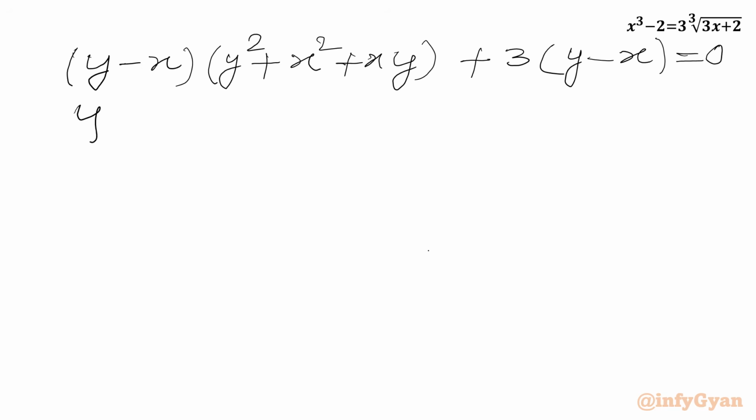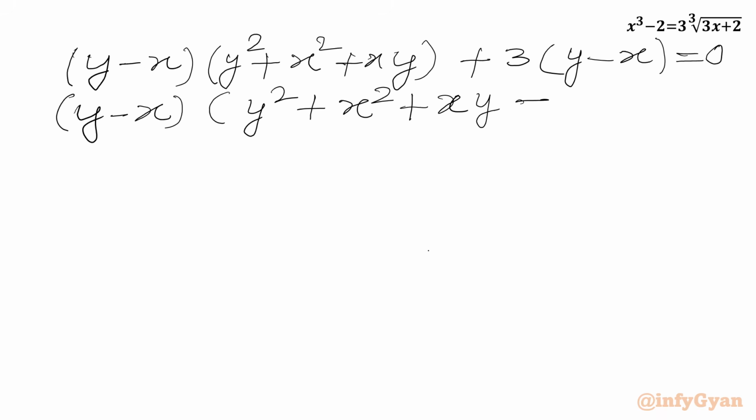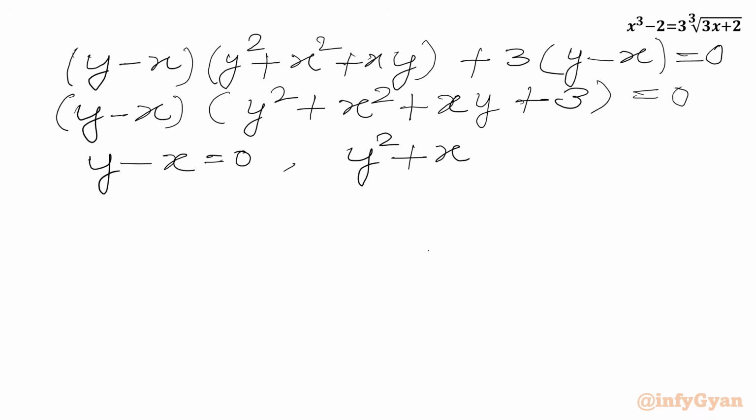Now we can take y minus x common. So in the other bracket we can write y square plus x square plus xy plus 3 equal to 0. Now we'll use the product zero rule. So either y minus x equal to 0 or y square plus x square plus xy plus 3 equal to 0.